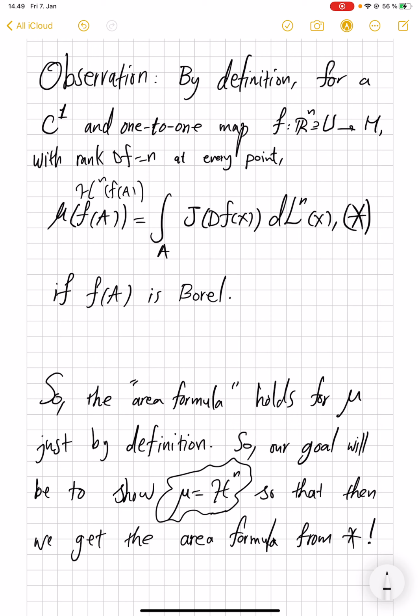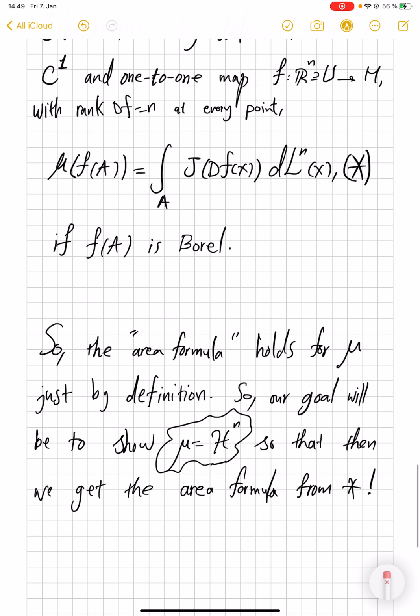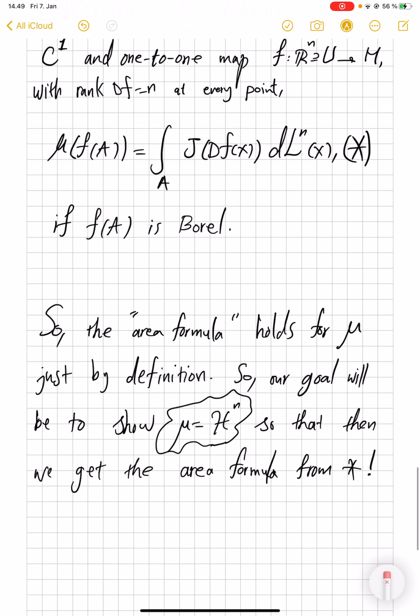And therefore, we effectively prove the area formula, except for the multiplicity function and the case of having zero derivative. I mean, zero Jacobian, less than n rank, and those can be taken care of later. But the core idea is that we prove this mu equals Hn, and directly, not from the area formula. We want to prove the area formula from this equality.